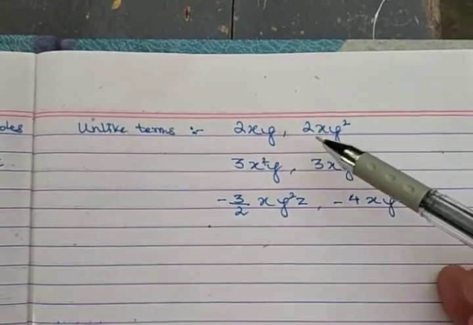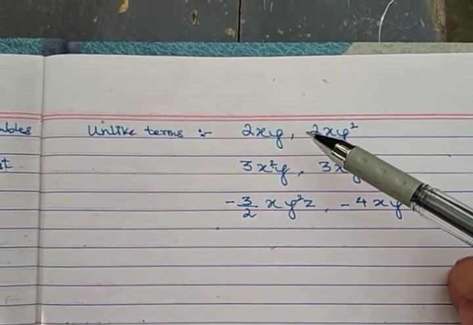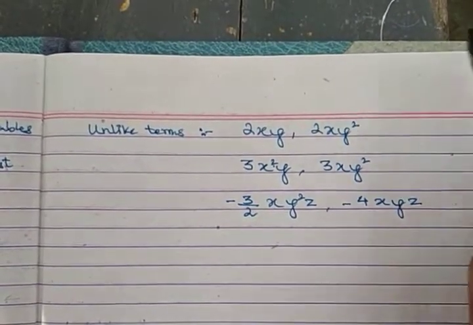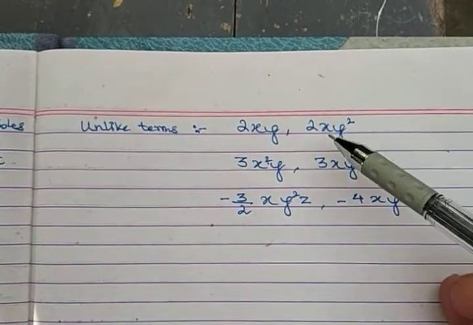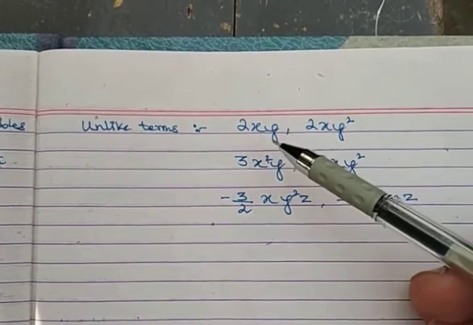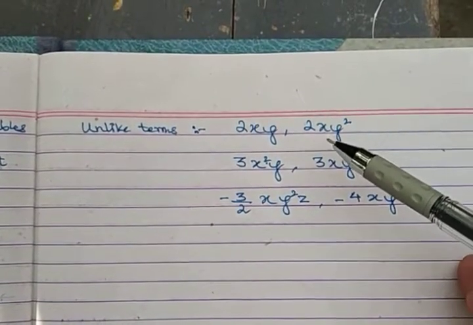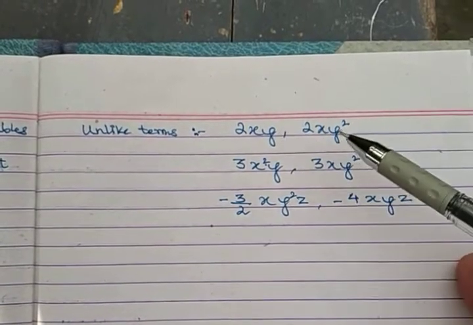So that makes them unlike terms. Everything is the same, isn't it? Just looking at it once, you may feel like they are like terms. The coefficients are the same, the variables are the same, xy, xy. But still they are unlike terms. Why? Because of the power of y.